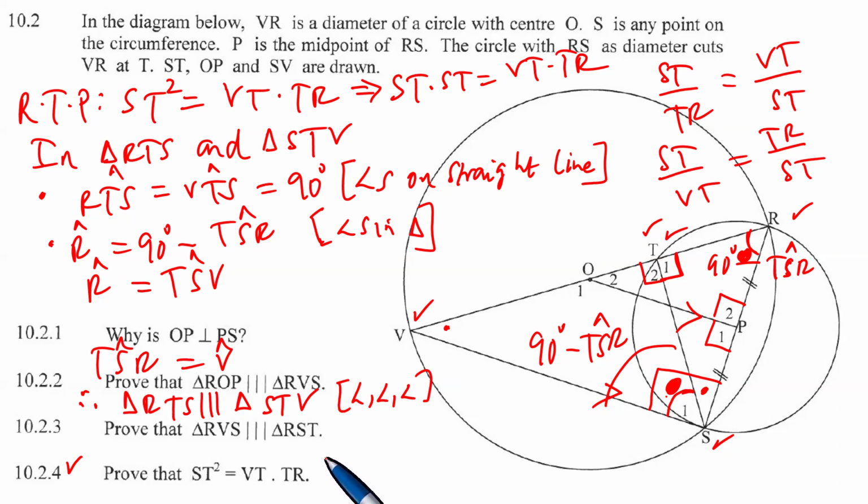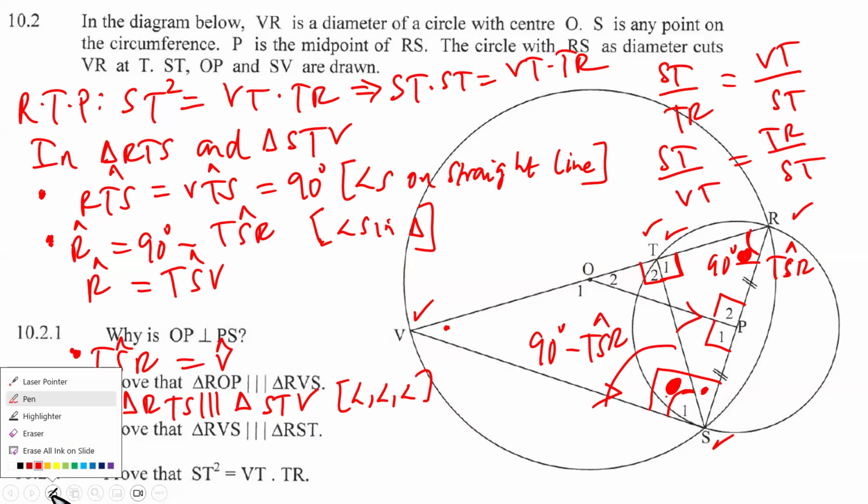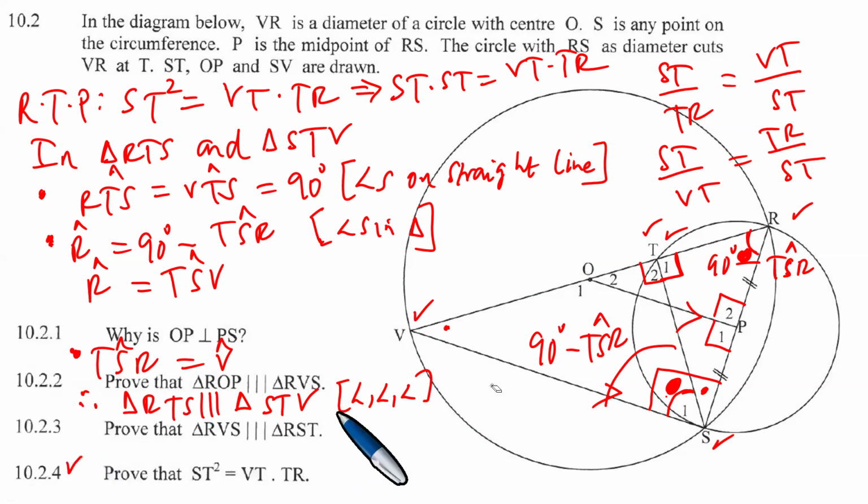Because now you have written three statements, basically, and therefore you achieve that the triangles are similar.